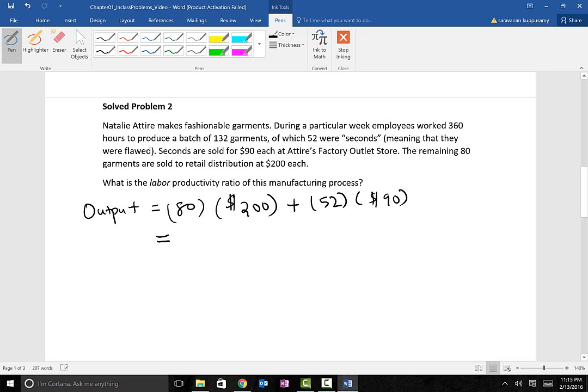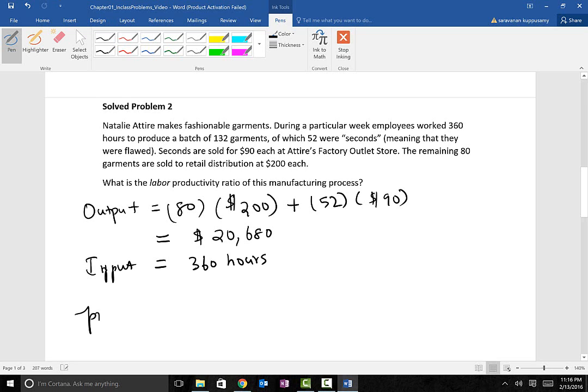So total put together, they generate $20,680 in revenue. So that is your output. In order to create the revenue, they have to invest 360 labor hours. So that is your input.